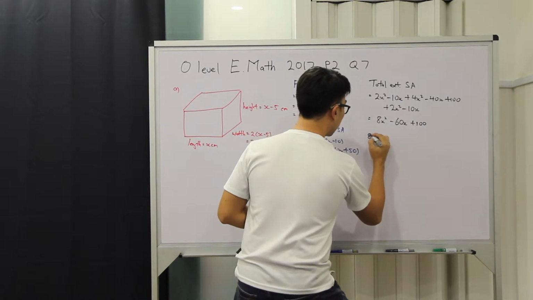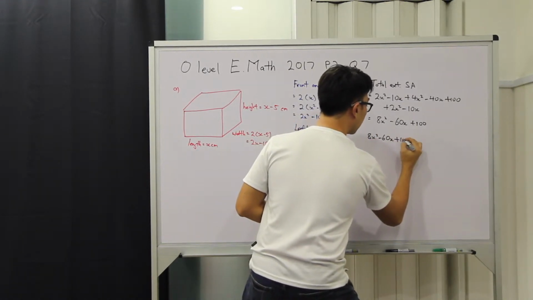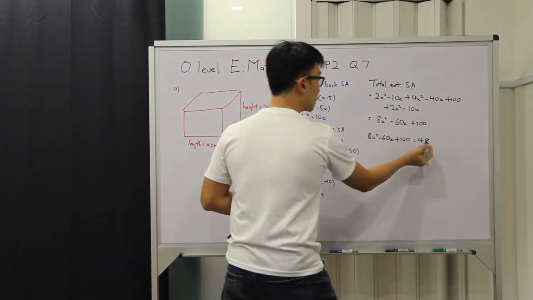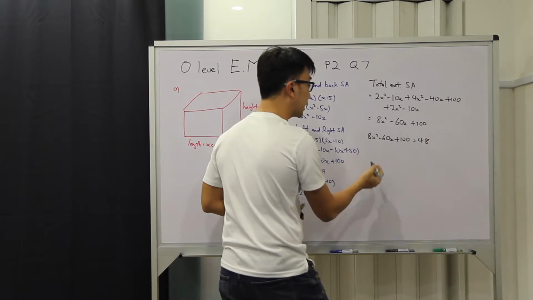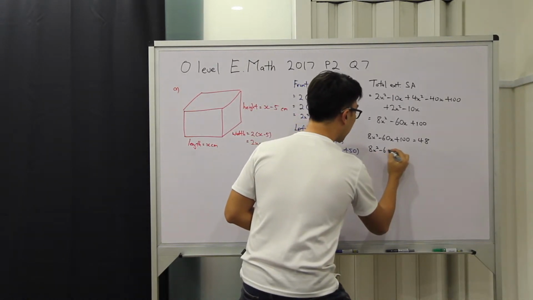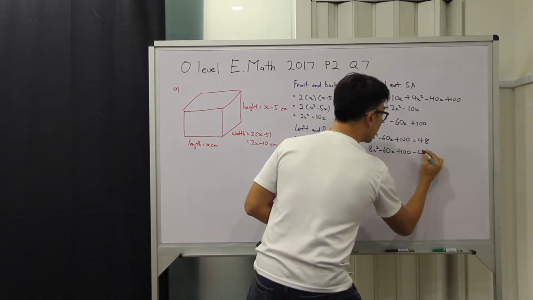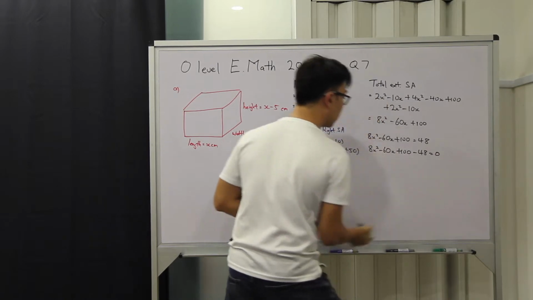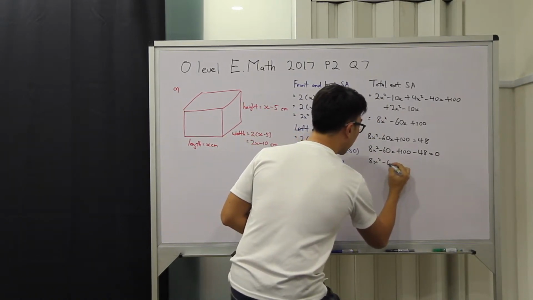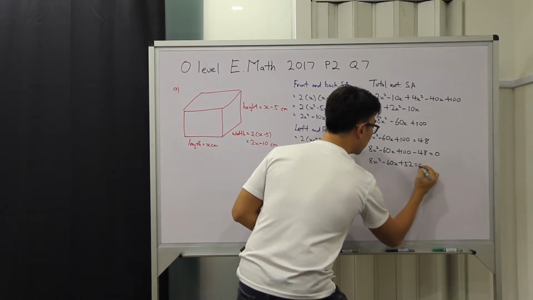So we'll have 8x squared minus 60x plus 100 equals 48. By shifting the 48 over to the left hand side, we'll have 8x squared minus 60x plus 100 minus 48 equals 0. That will give us 8x squared minus 60x plus 52 equals 0.